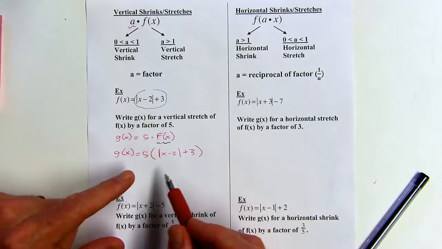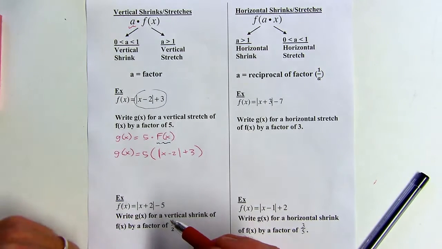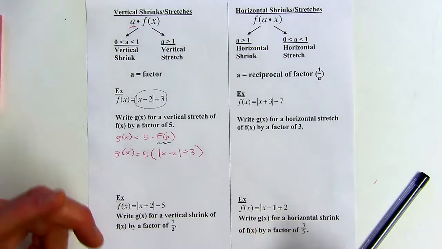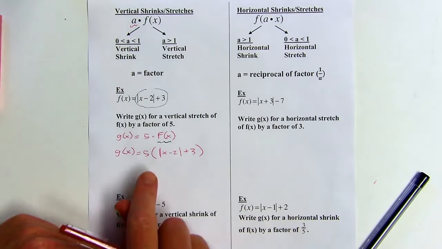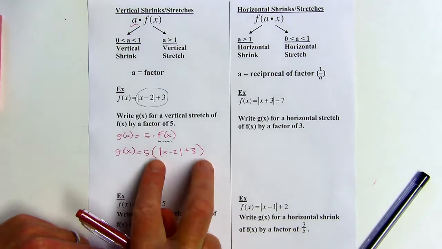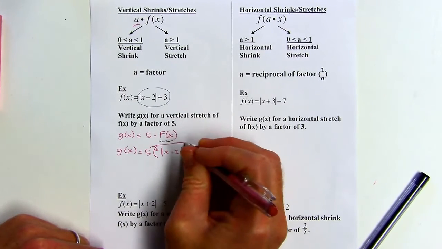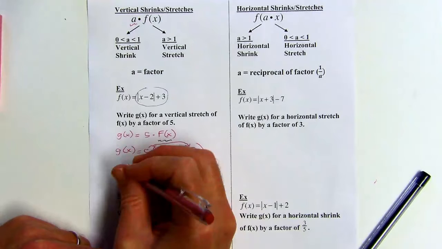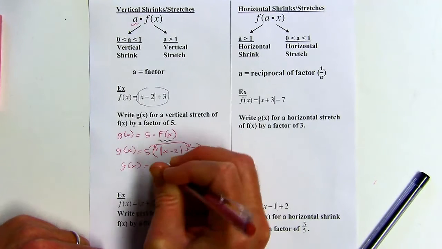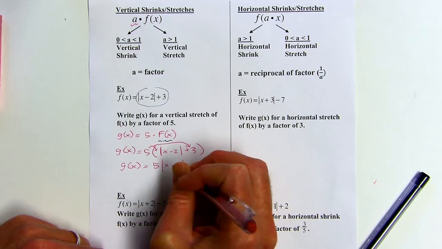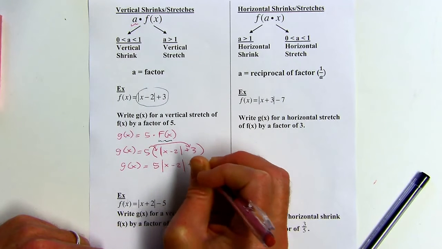I need the parentheses because I'm going to have to distribute this 5. And there's a lot of mistakes that get made with the distributing. Some people just forget to distribute altogether and just leave it like this without the parentheses. But what you want to do is distribute it like this. Okay? So that gives me 5 times the absolute value of x minus 2, plus 15.